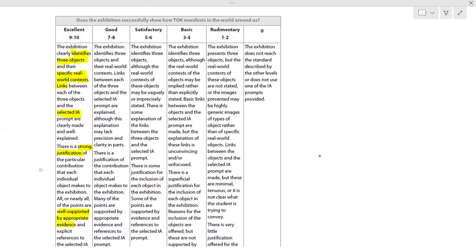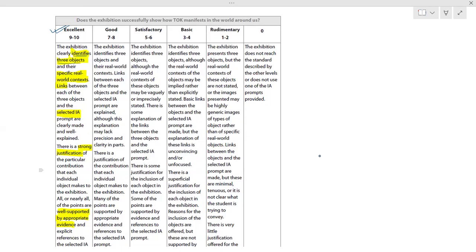So actually the commentary looks at, the guiding question is, does the exhibition successfully show how TOK manifests in the world around us? And we have these rubrics. Let us look at the excellent commentary, what it asks. The exhibition clearly identifies 3 objects.